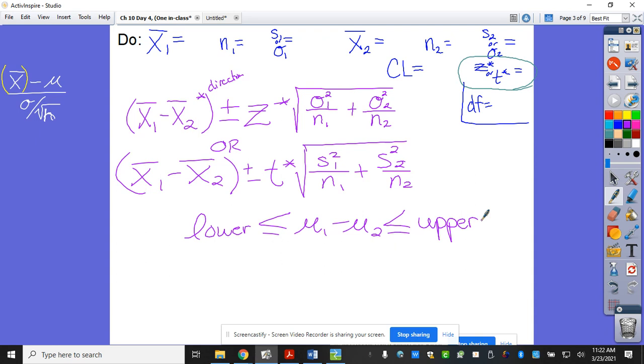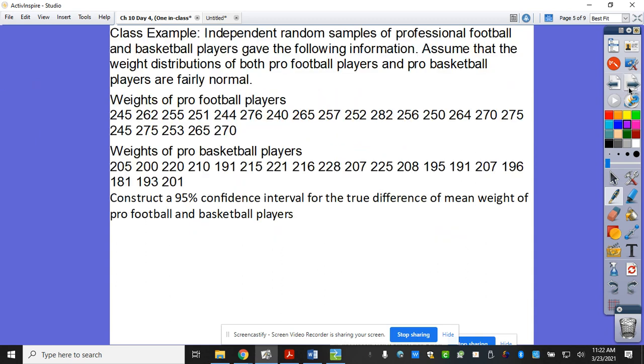Now with this one, if we were talking through it, what would I say for random? I can say one sentence to say stated that both the pro football and basketball players were randomly selected. Then I could go straight to normal, and I added this part in here.